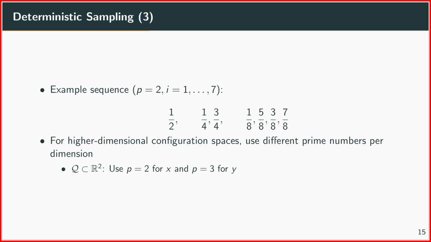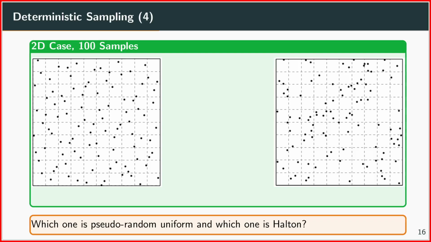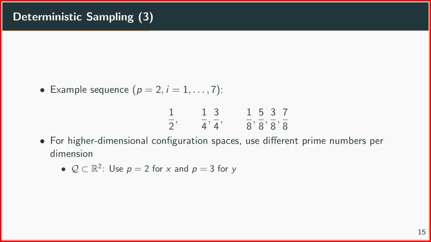The way you can actually use the Halton sequence in higher dimensional spaces is by using different prime numbers per dimension. So for example, for a 2-dimensional space, you can use prime numbers 2 and 3 for x and y. And that usually gives you a very nice representation of deterministic sequences.